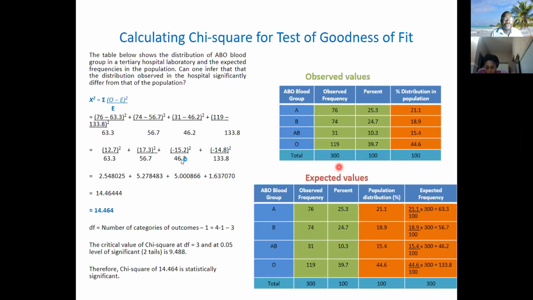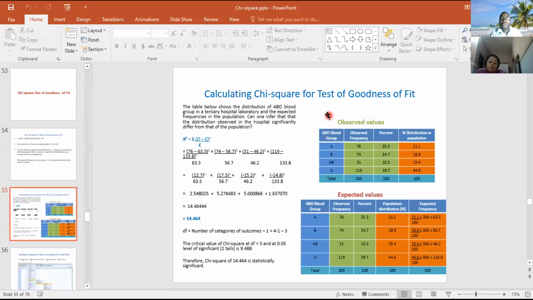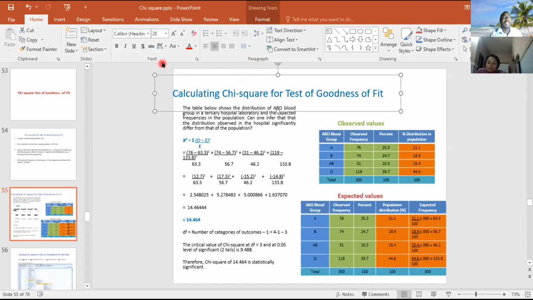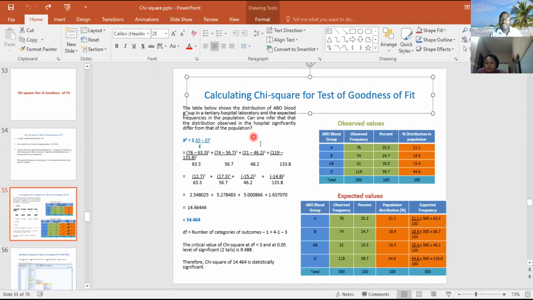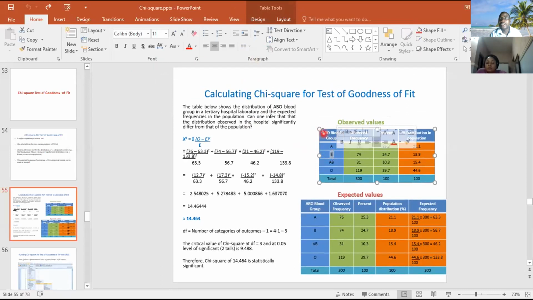After you have done the expected one, you just put the formula as usual. When you put the formula, you get the result. Let me just try to correct this because it's tilted.